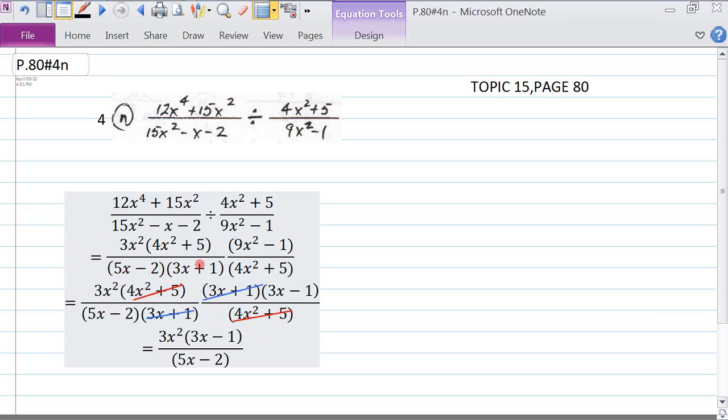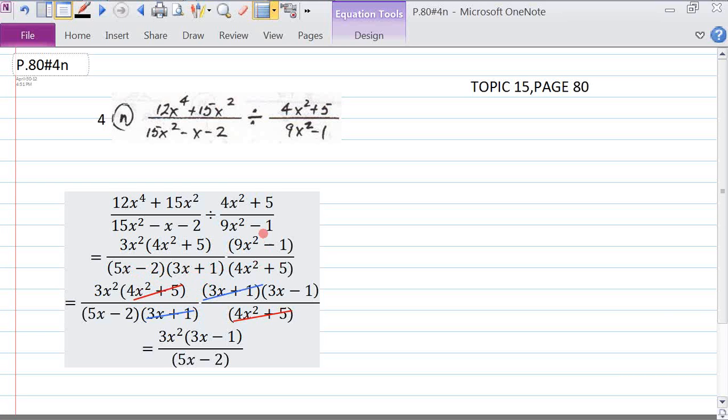So this factors to this. You can group it if you want, or you can see it by trial and error. There's no way you're going to get 15 and 1 as the factors here and come out with a term of minus x. So 5x and 3x works.